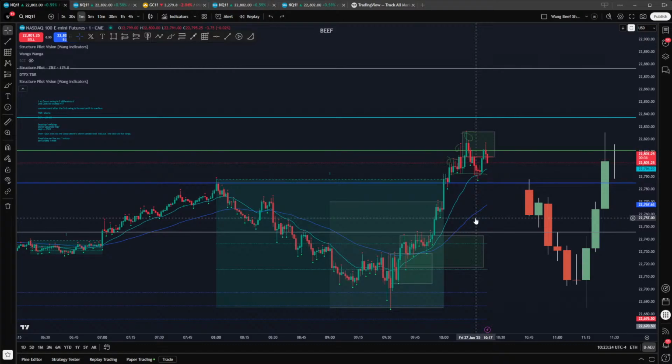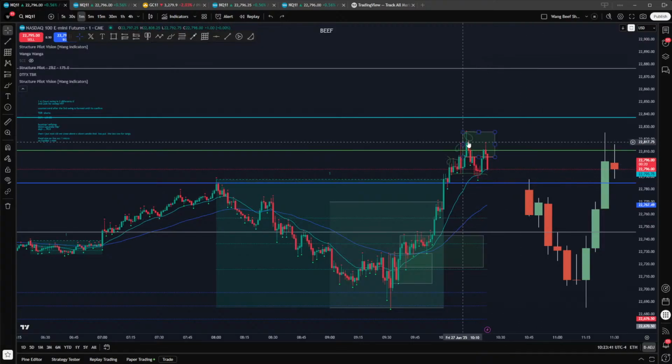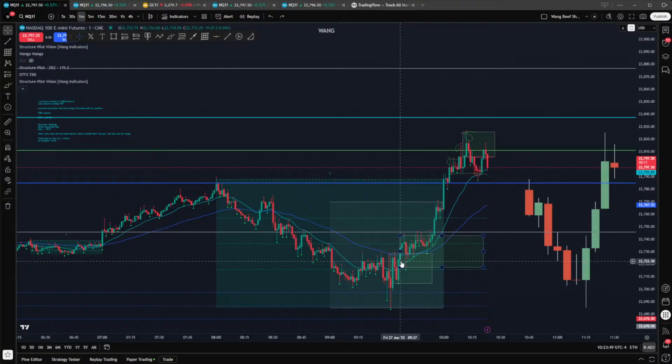We need to close. Nice. This is actually nice, like the low high. Let's see if we can see some lows now. We still need a close, remember.